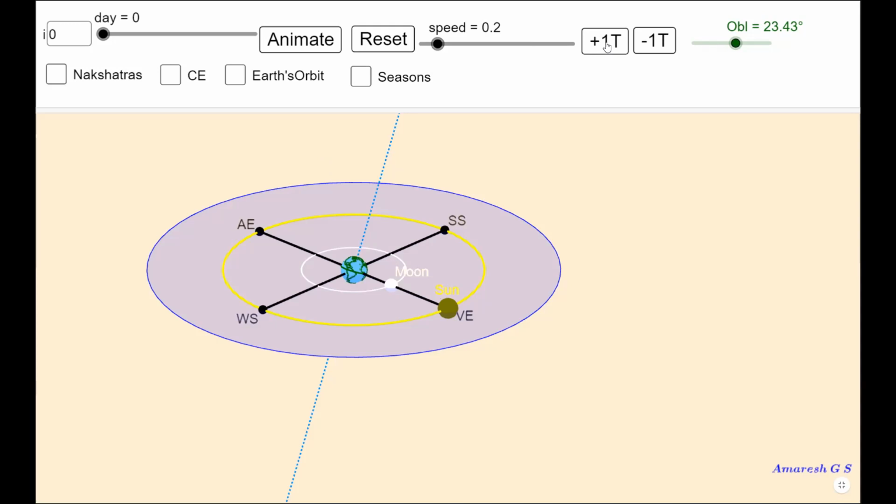Now, 1 day can be simply done by just selecting a single day input by doing +1 or -1. That T refers to Tithi, as in lunar day. But for all practical purposes, as a simple approximation, we can also use it for the solar day.